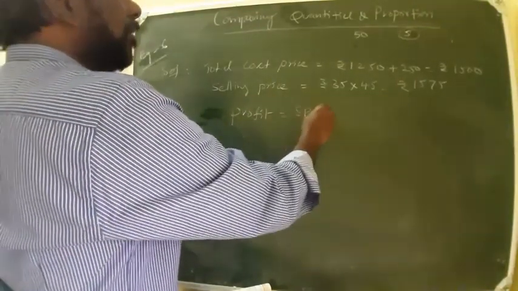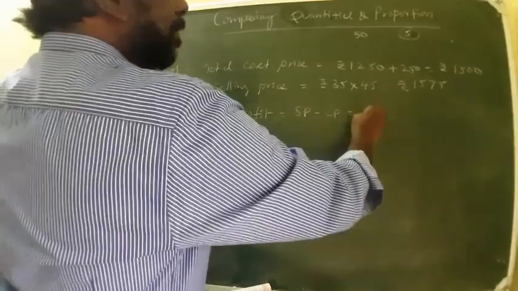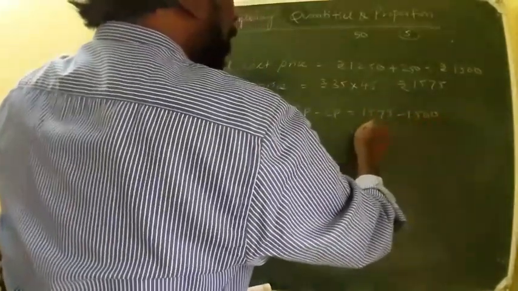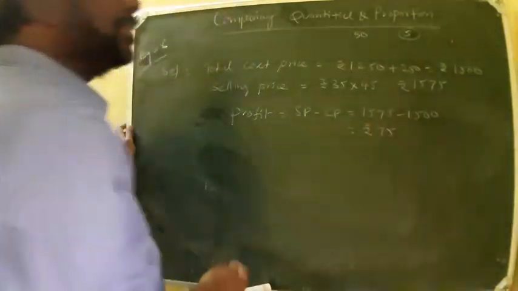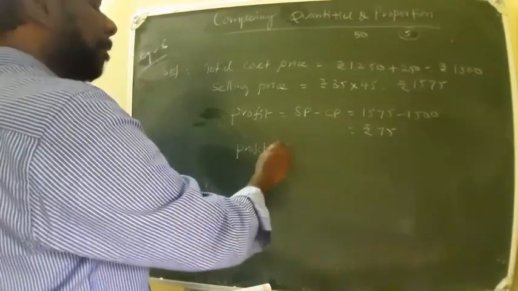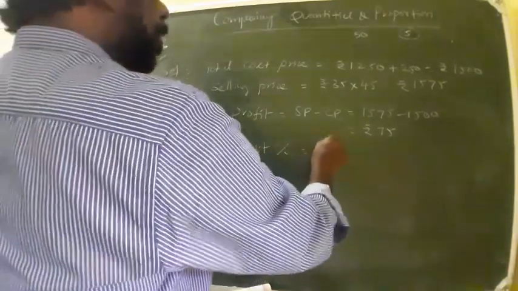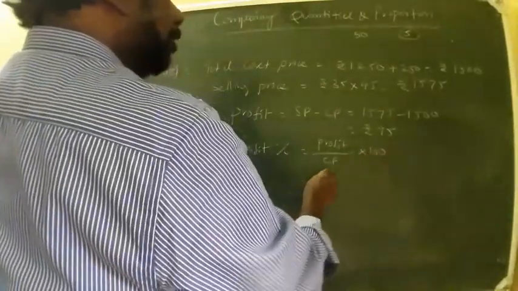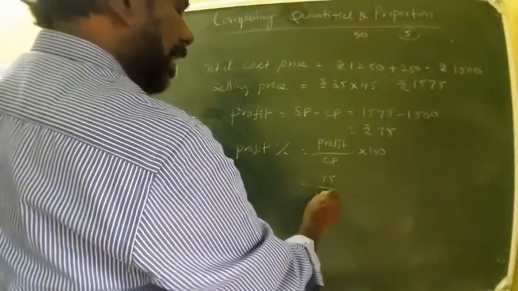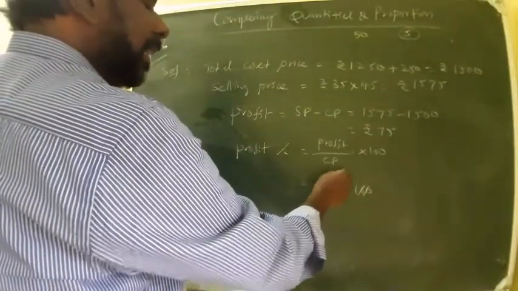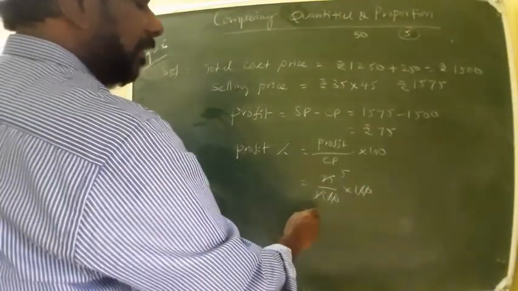Profit equal to SP minus CP. 1575 minus 1500, rupees 75. So 75 rupees is profit. So profit percentage, profit by CP into 100. 75 by total cost price 1500 into 100. 15 5s are 75.